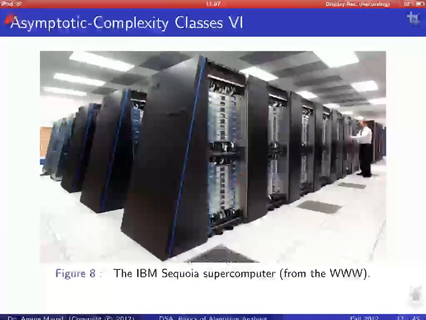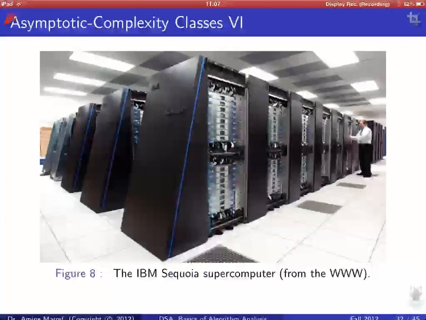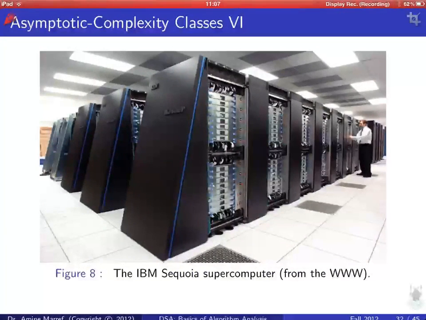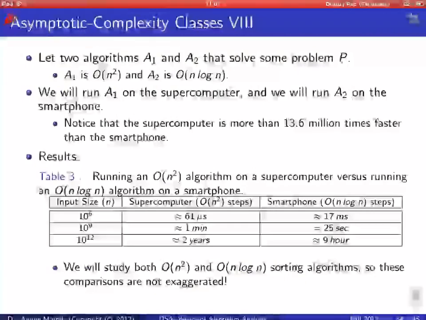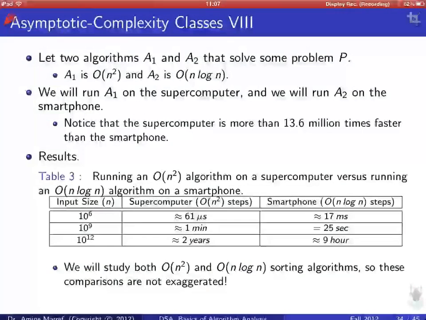We have picked two algorithms which are adjacent to each other in the table. So this is just to say that the algorithms are not that far away in terms of complexity, but still, as you can see, there is a huge difference in efficiency.